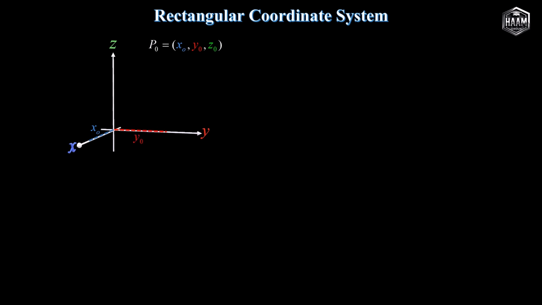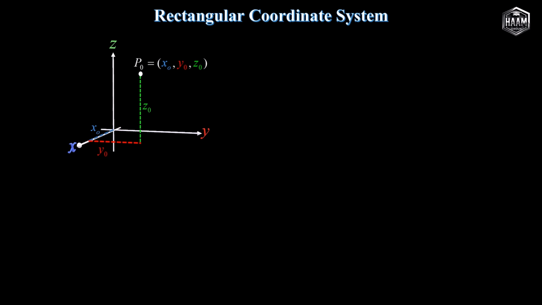To reach the point, we can move from the end of x0 and mark off y0 along the y-axis. Then, from the end of that displacement, we can draw the height z0 to arrive at point P0 with coordinates x0, y0, and z0.